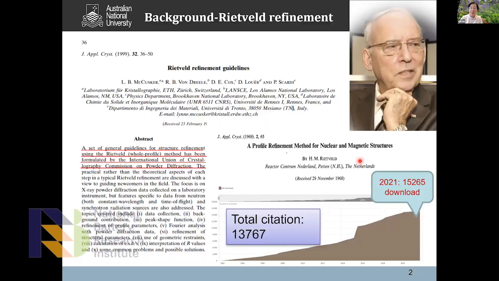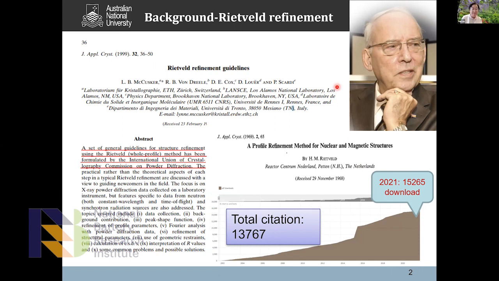Okay. So I think that most people who study materials use the Rietveld refinement method. This method was developed in 1969 by Professor Rietveld, named after his surname, and it has currently been cited over 13,000 times.